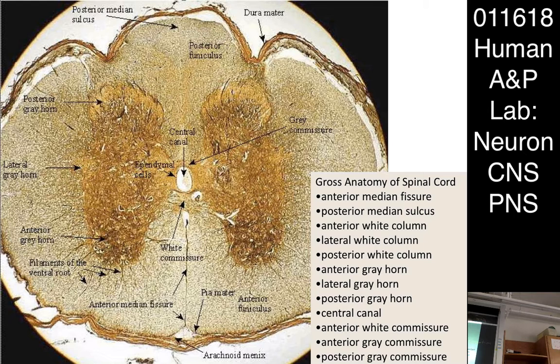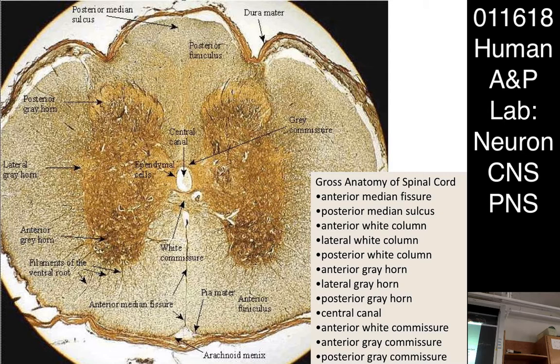It's just going to cross the midline, a fiber of some sort, a neuron. And these happen through these commissures. So there's going to be a posterior gray commissure, an anterior gray commissure, and an anterior white commissure. But no posterior white commissure because there's no fissure. The whole thing is a commissure. They can go back and forth. We don't call it a commissure.